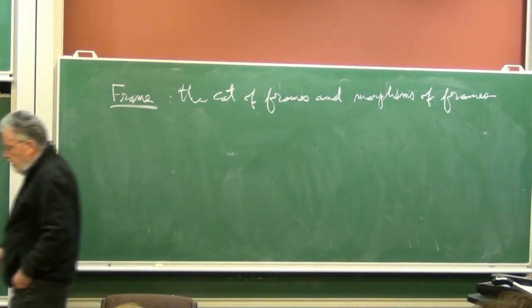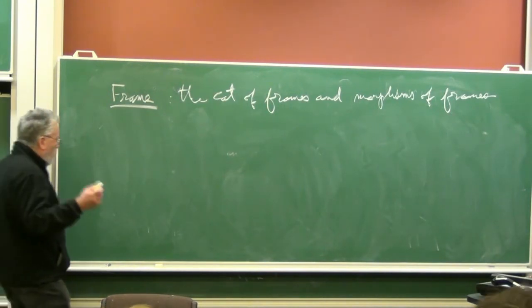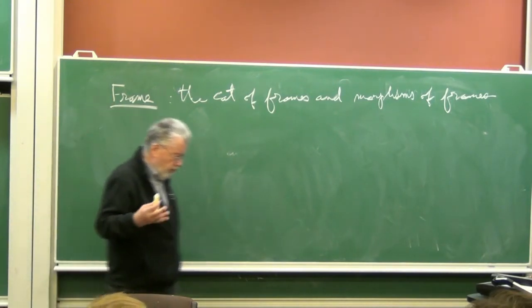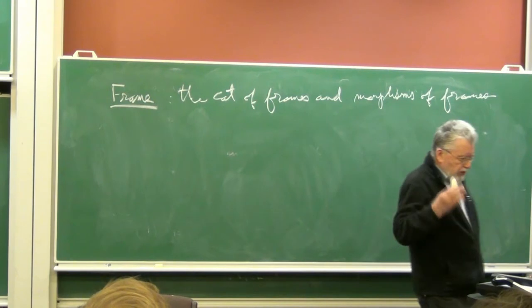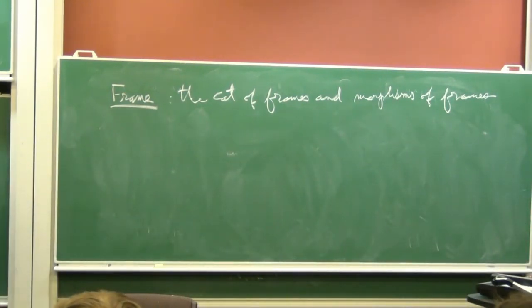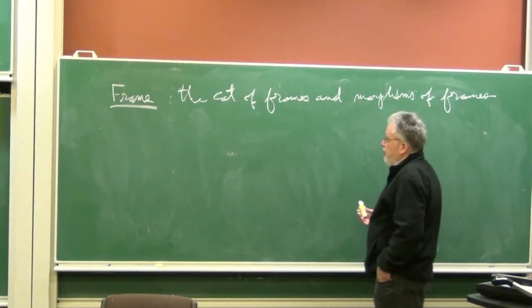Well, people doing formal topology study this category a lot, but they actually study the opposite category. Every category has an opposite, and this is a phenomenon which is really very important in category theory. Given a category, you can consider its opposite just by reverting the directions of the arrows. This is a very important phenomenon in category theory and mathematics.